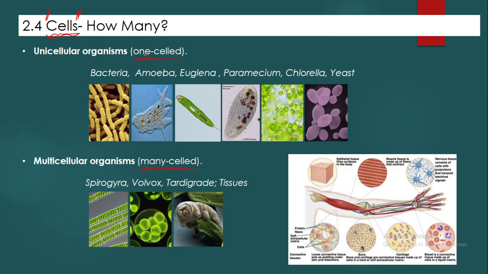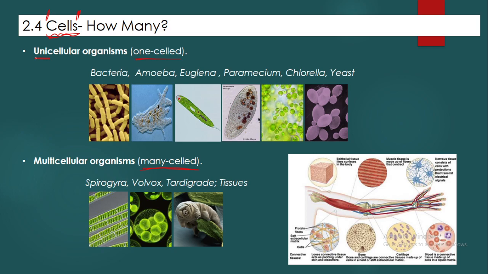If it is made up of only one cell, what is it called? Unicellular organism. Uni means one. If it is made up of many cells, it is called multicellular organism. Okay, simple, easy.